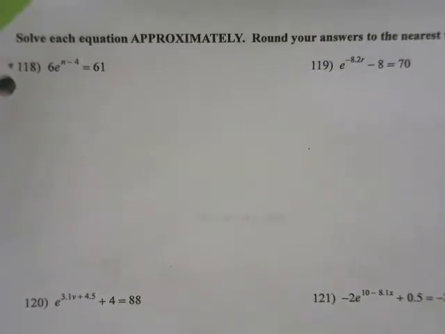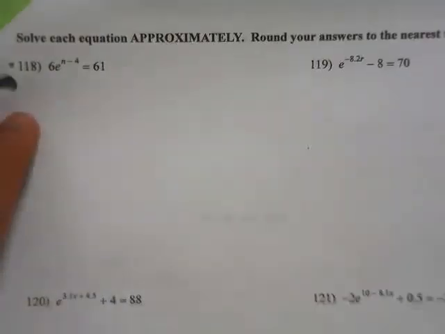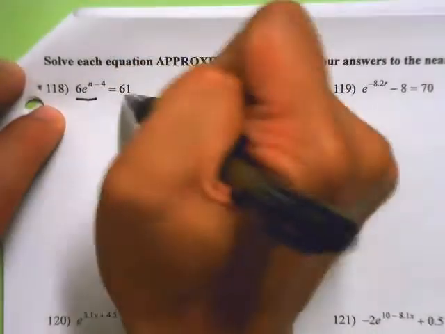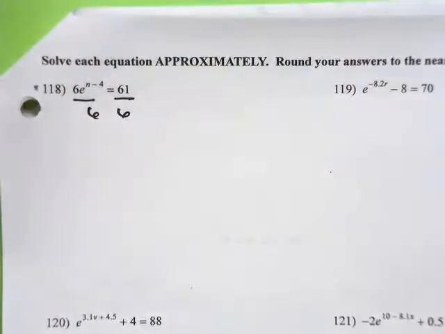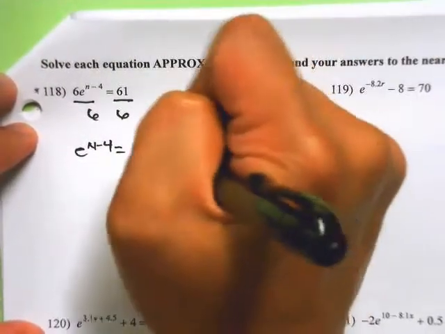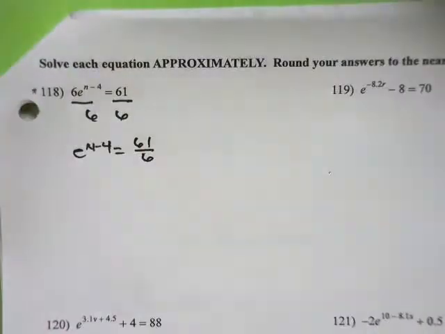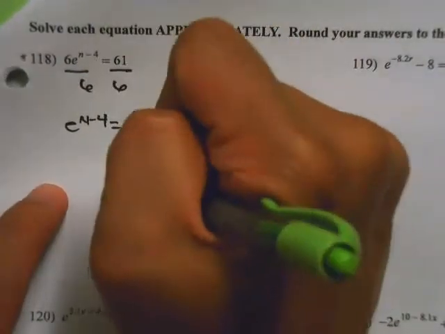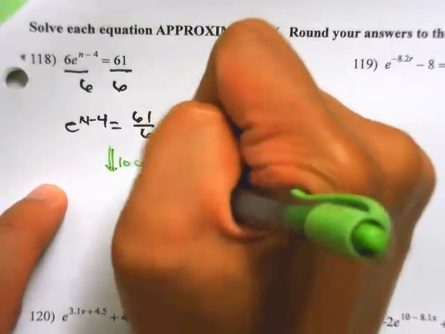Okay, let's do 118. Solve this equation approximately. Okay, let's divide both sides by 6 first. e to the n minus 4 is equal to, I'm going to leave it as 61 over 6. All right, let's change this into log form.